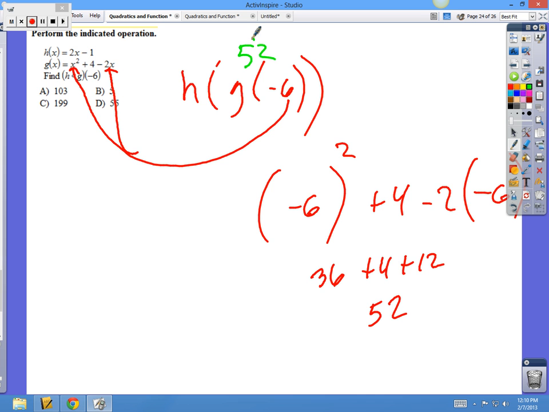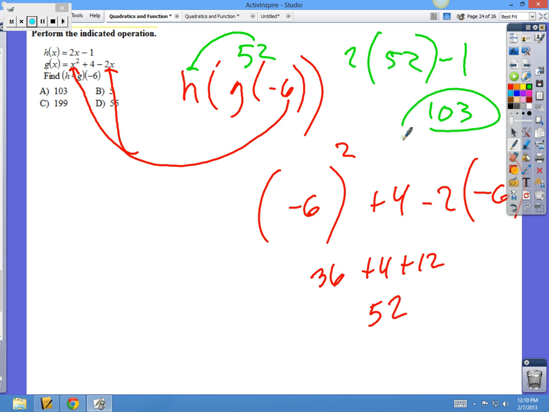Now you're going to take that and plug it into h. The rule for h says 2 times whatever you plug in, minus 1. So you plug in 52. 52 doubled is 104. 104 minus 1, you should end up at 103. So you should have A. And that is it.